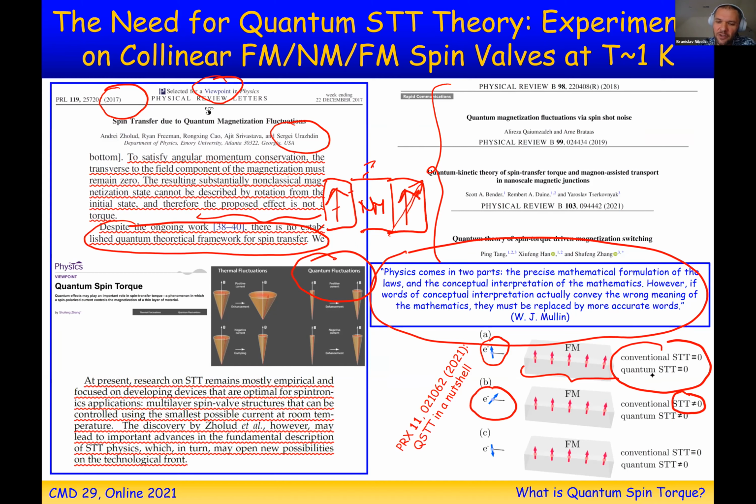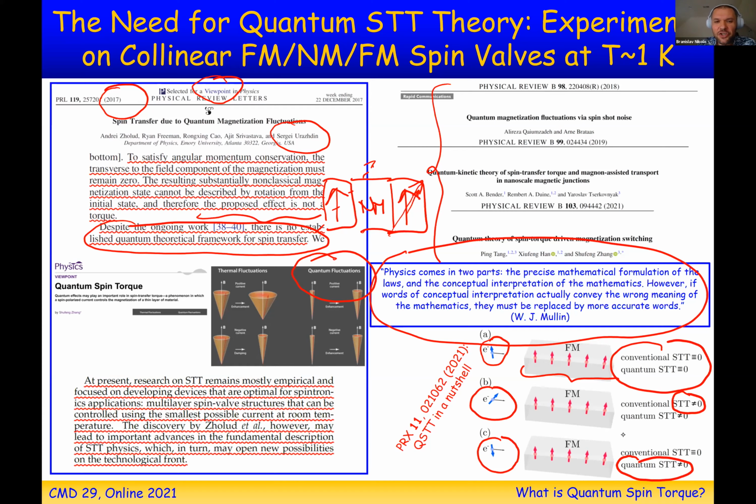But there is a new effect which has been completely missed in the literature, which is that if you inject collinear electrons onto the localized quantum magnetic moments or quantum spins, and the electronic spin is collinear but antiparallel to the localized spins, then you will see something new. And we believe that this is exactly what Urazhdin observed in this PRL.